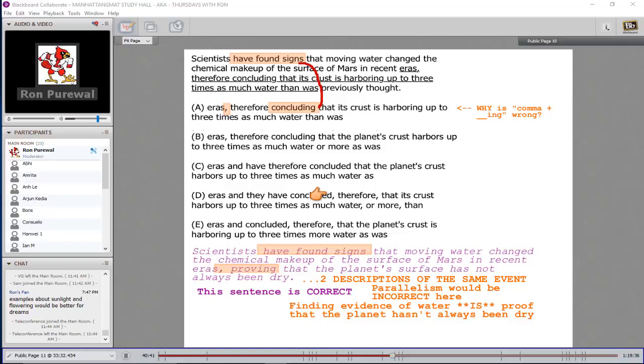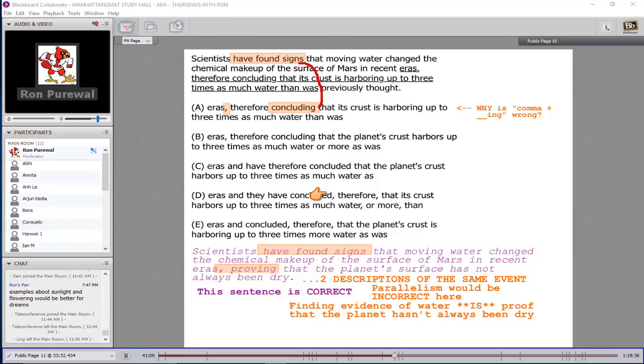Any questions? Okay, cool, good. Also, the last thing I wanted to mention is there are a lot of people on the forum who seem to think that if you have any two past events, then you have to put the earlier one in the had verb tense, and the later one in the past tense. That's totally not true.